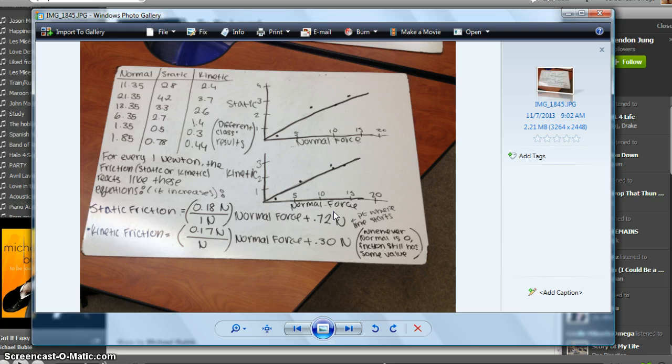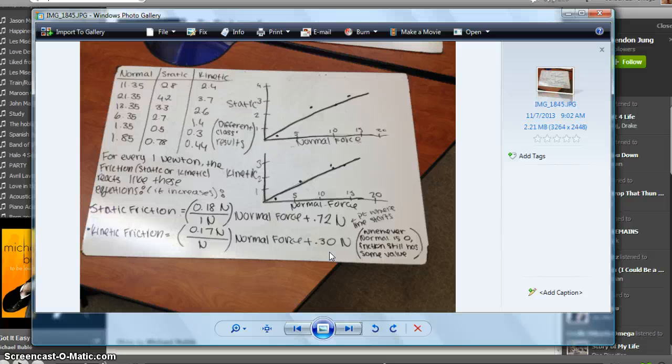It's probably inaccurate like this because usually the intercept has to be 0. But since we can't get perfect data, we're getting this small number, which is close to 0. Same thing for kinetic friction: it's 0.17 newtons per newton of normal force plus 0.30 newtons.